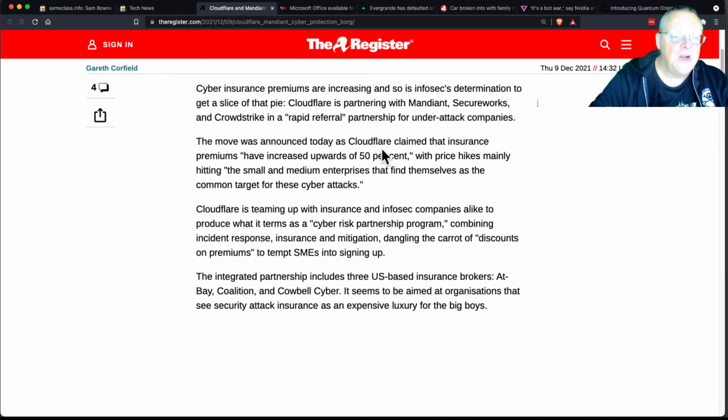And so Cloudflare is going to jump in, teaming up with Mandiant into offering some kind of insurance. And they will, from what little I could get from this very incomplete description, they're going to do what you'd hope an insurance company would do and require you to improve the security of your website in order to get cheaper rates, which might lead to progress.